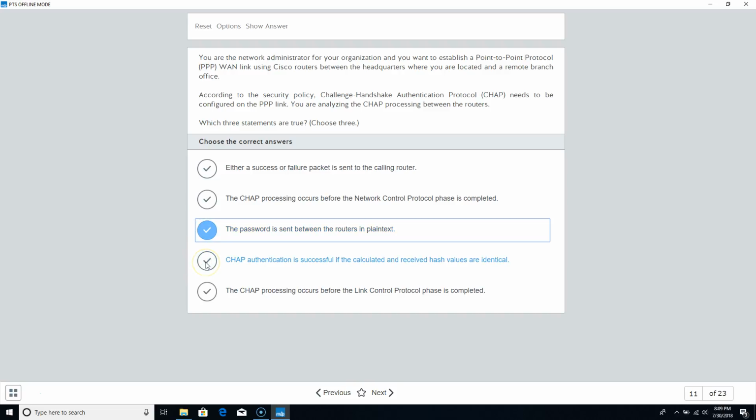Okay, the CHAP authentication must have the calculated and the received hash values identical, and also the success or the failure packet is sent to the calling router. And also the CHAP processing occurs before the NCP. So LCP, link control protocol, authentication or processing, then the network control protocol.